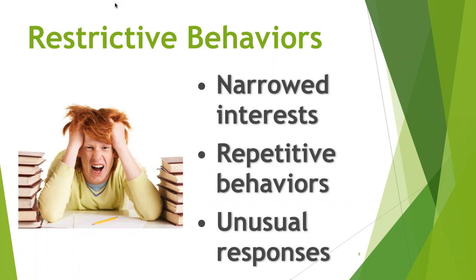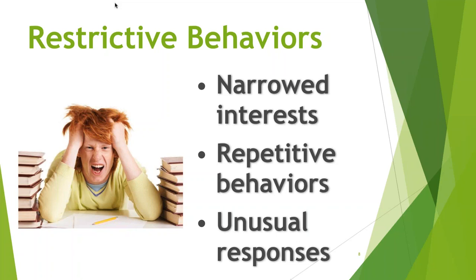Again, as that diagram showed, all of these areas of difficulty overlap. So if I have very narrowed interest, of course that affects my ability to socially interact with others who don't share those interests. Repetitive behaviors can also be a part of the challenges for people with autism spectrum disorder.